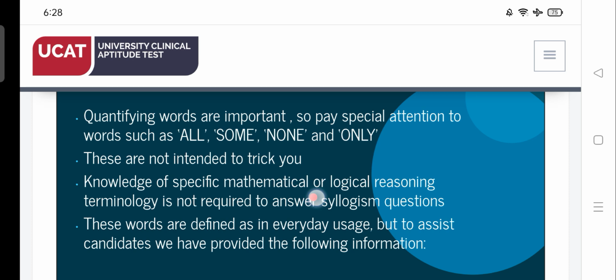Knowledge of specific mathematical or logical reasoning terminology is not required to answer syllogism questions.